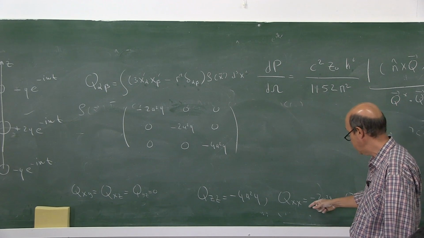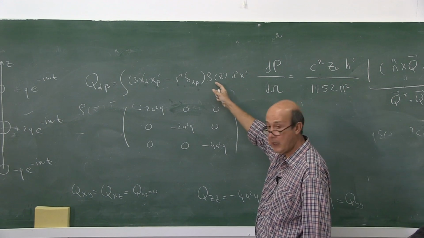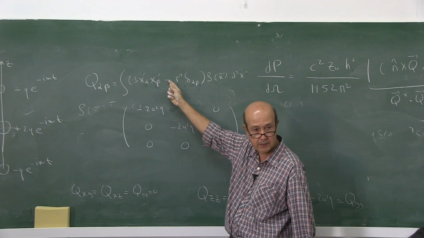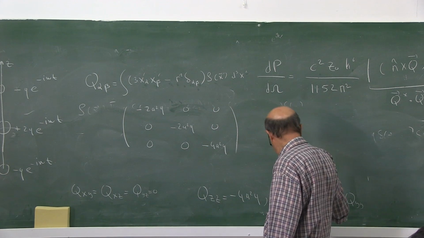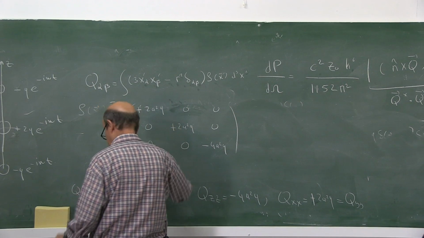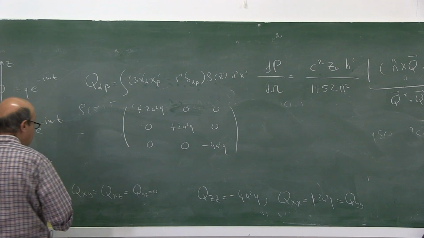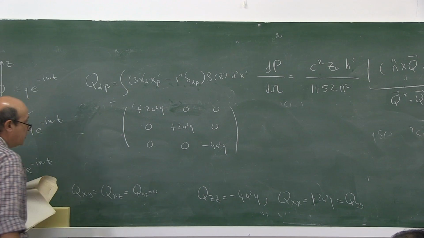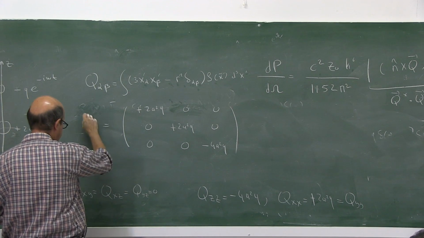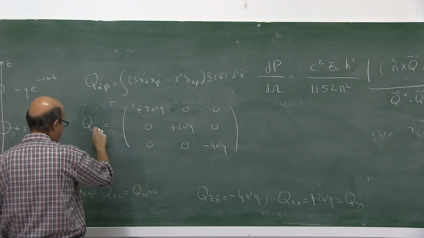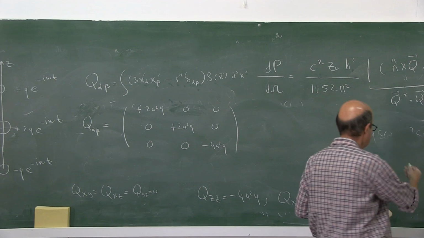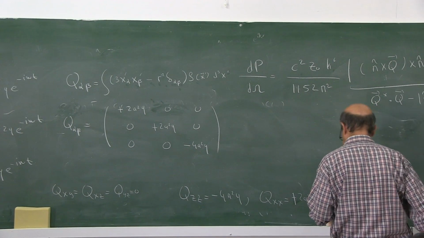If you look at the definition here, this integral is surviving at minus q charges, and there's a minus sign here. Okay, that should be positive. So this is Q alpha beta for this example.